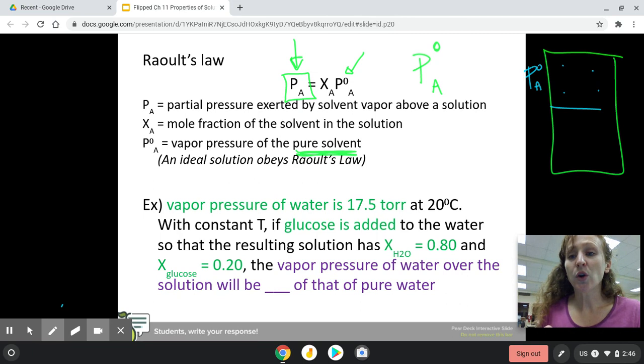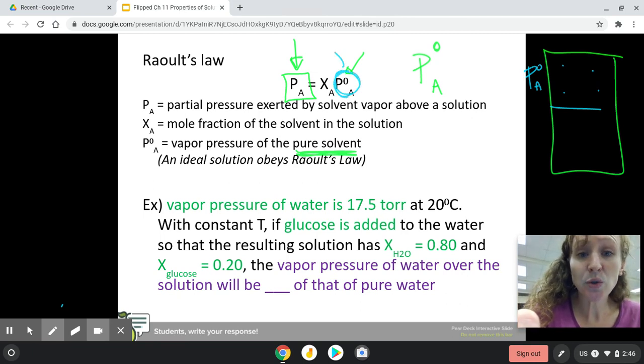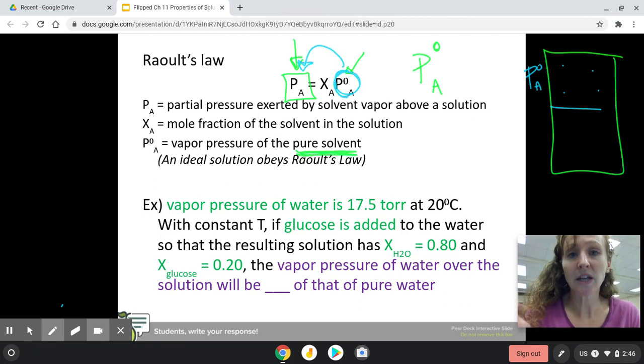Okay, so basically what this relationship is saying is the pressure of the solvent is going to change when you add a non-volatile solute. And the factor by which it changes is actually the mole fraction, chi.